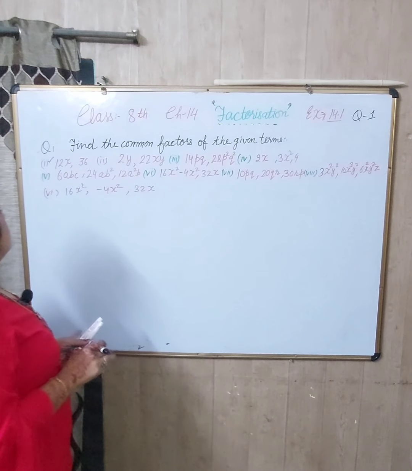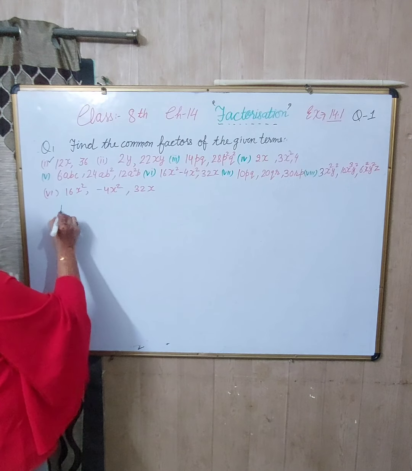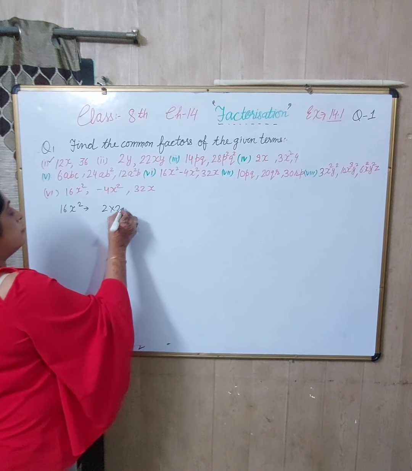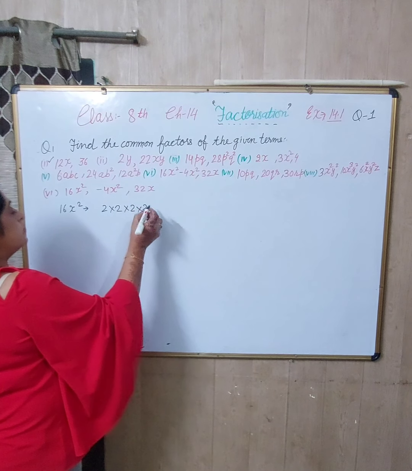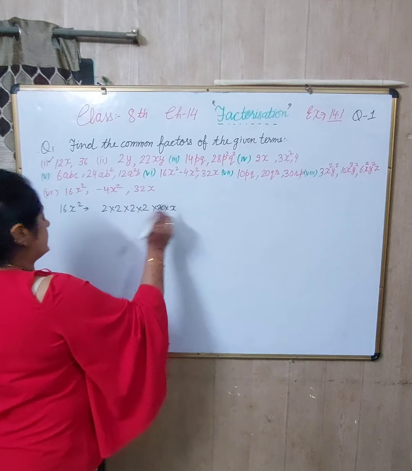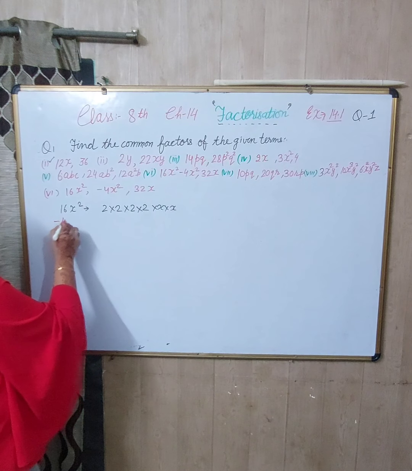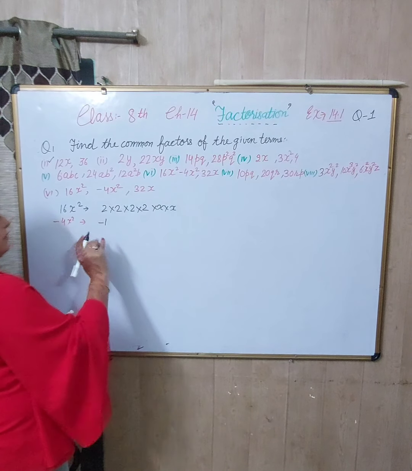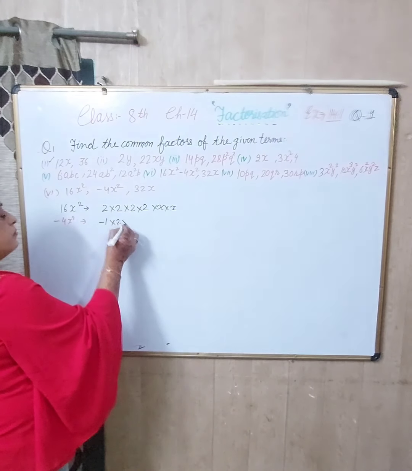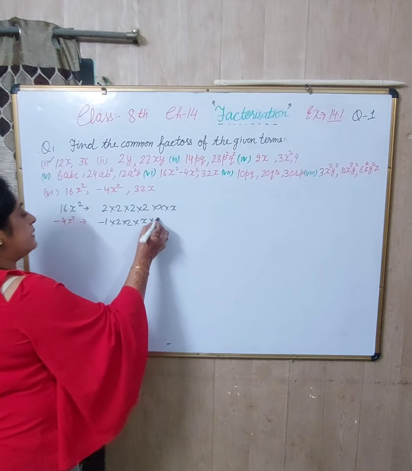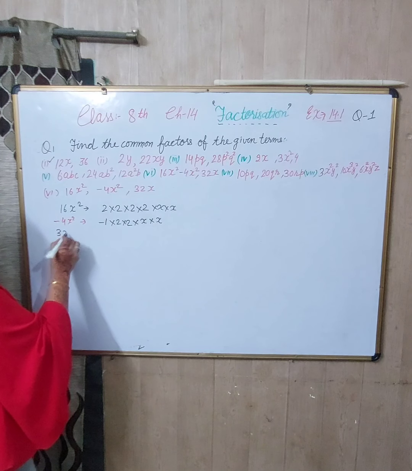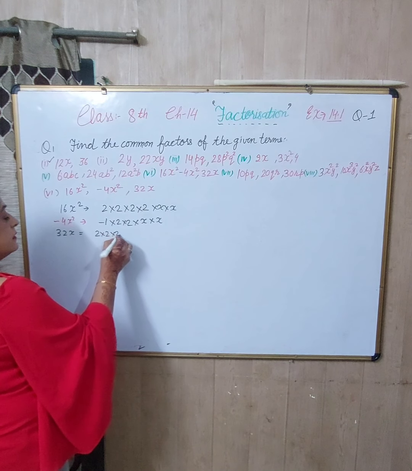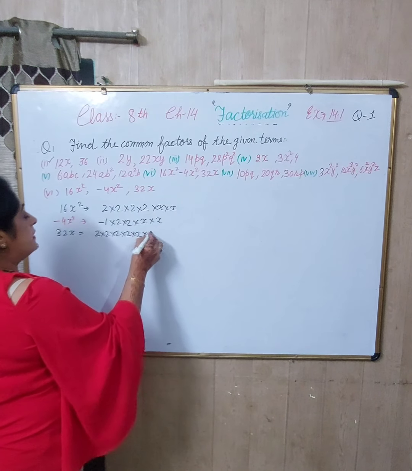Now part 6: 16x square, which is 2 multiply 2 multiply 2 multiply 2, x multiply x, minus 4x square. You can write minus 1, then 2 multiply 2 multiply x multiply x. Now 32x, 5 times 2 you have to multiply, x.